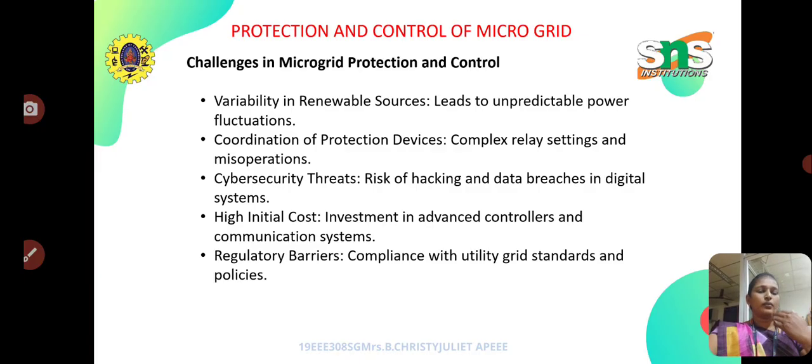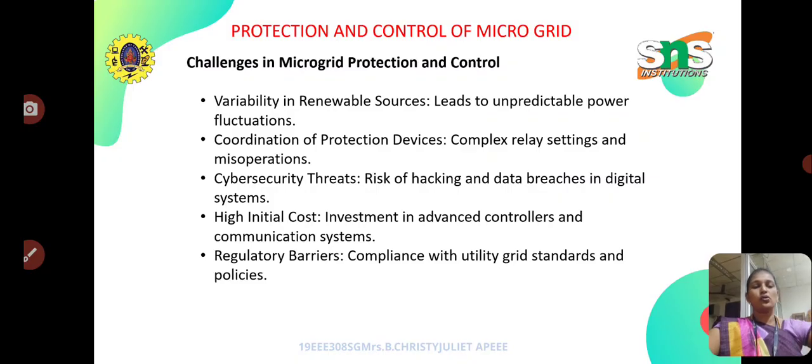We already have a set of rules and protocols, and in order to implement a microgrid, these rules and protocols place a barrier. So compliance with the utility grid standards and policies is a big challenge for microgrid protection and control. When these challenges are met, then protection and control of a microgrid is highly possible, and we can expect 100% reliable operation from these microgrids.